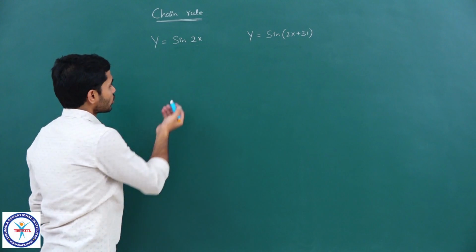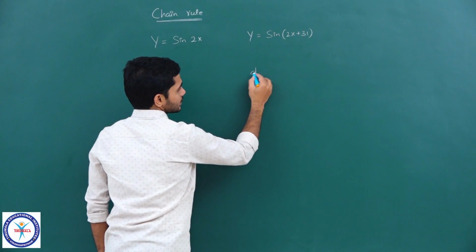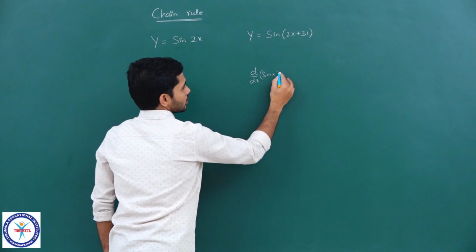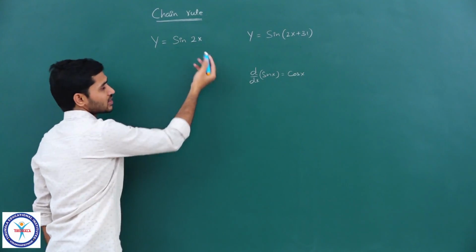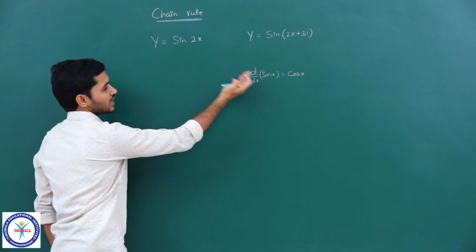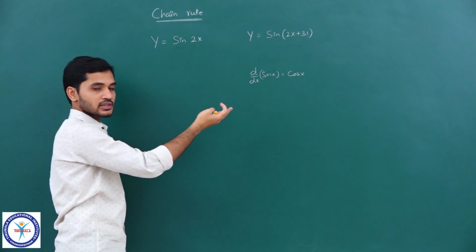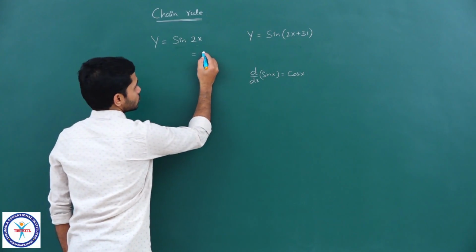We know that d by dx of sin x is cos x. So you will think that this is just 2x. When I differentiate sin x, I get cos x, so when I differentiate sin 2x, I will get cos 2x. You will directly write the answer as cos 2x.